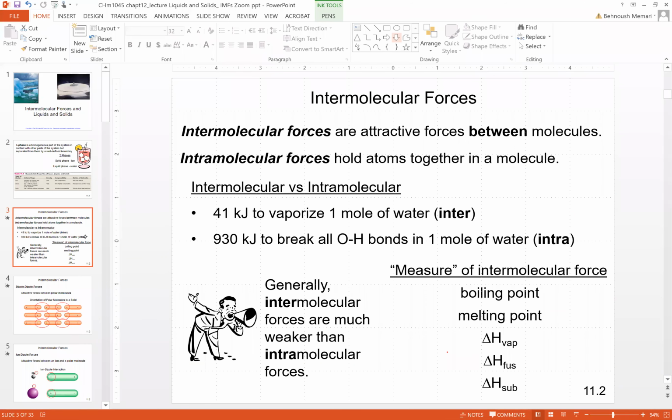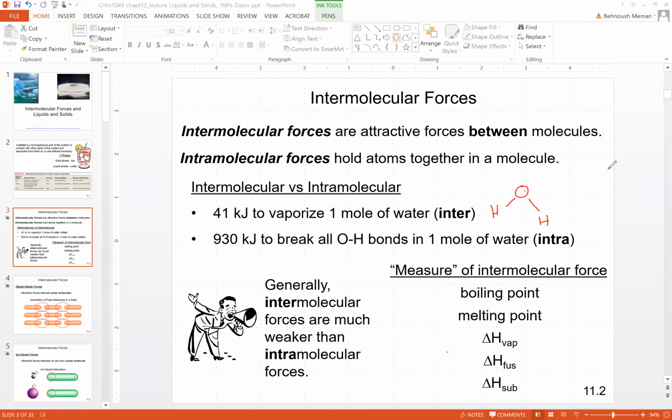What holds the molecules together in liquid or solid form is called intermolecular forces. They are different from intramolecular forces, which hold the atoms of a molecule together. Let's say I have a polar covalent bond between oxygen and hydrogen, that makes the water molecule.